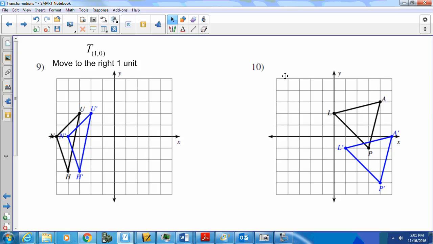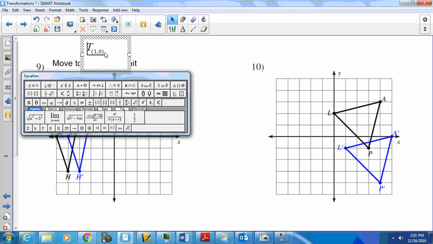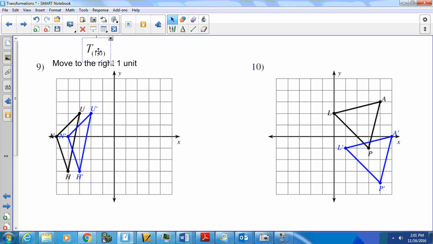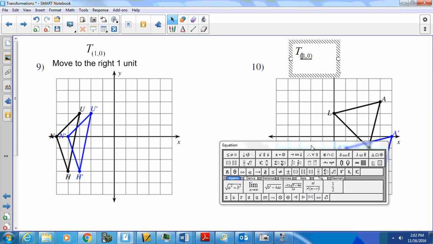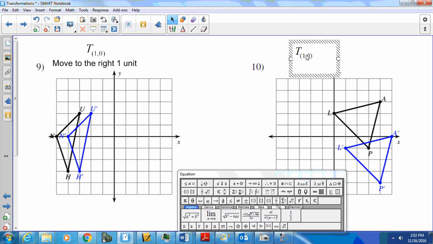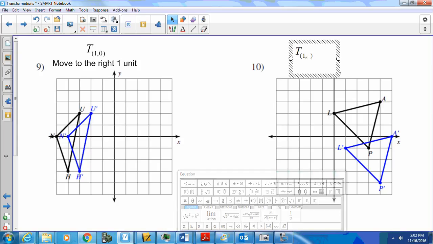All right. Now looking at number 10, how do you get from L to L prime? Well, you go over to the right 1 and down 3. So I'm going to copy this here. All right, and so how many to the right? Yep, still 1, and then it's actually going down 3, so it could be negative 3.